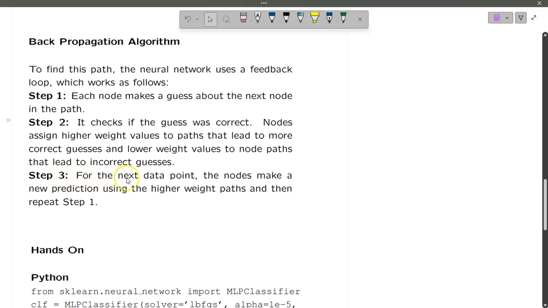Say step 3, for the next data point, the node makes a new prediction using other weight paths, then repeats step 1. So these steps 1, 2, 3 repeat alternately. So this is known as the backpropagation algorithm, by which neural networks train themselves.